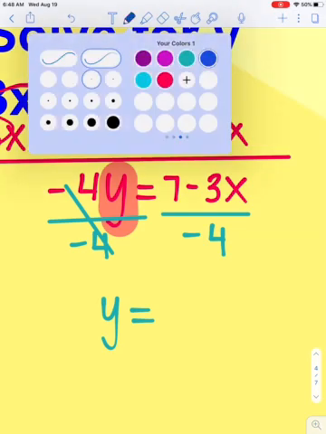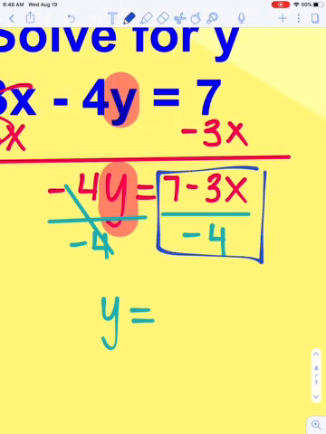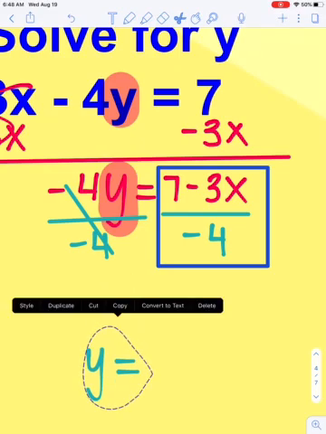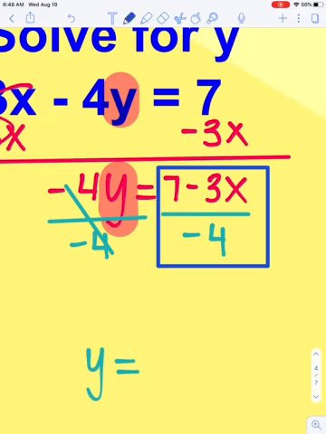And then that leaves you with this whole chunk as your answer per se. The only thing I'm going to be picky about is that you're not supposed to leave a negative on the bottom of a fraction. That's not a proper way of writing something, okay? So what we're going to do is take that negative and transfer it to the top.